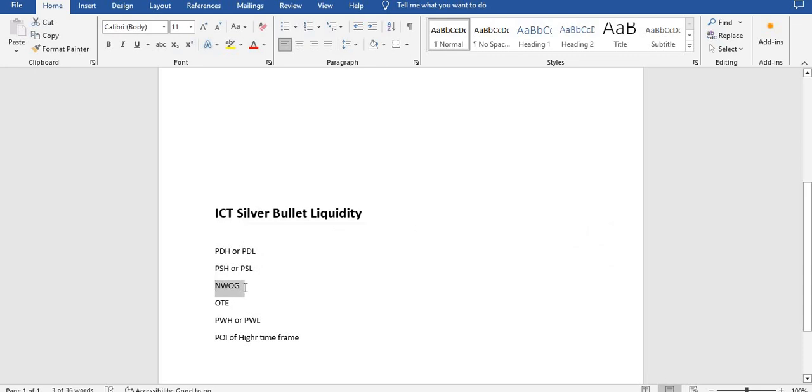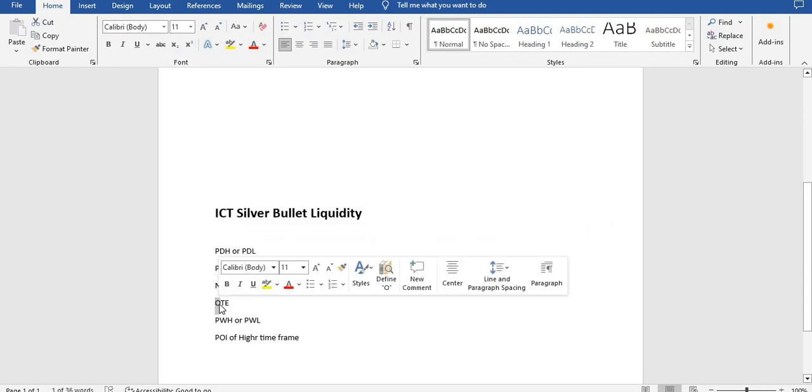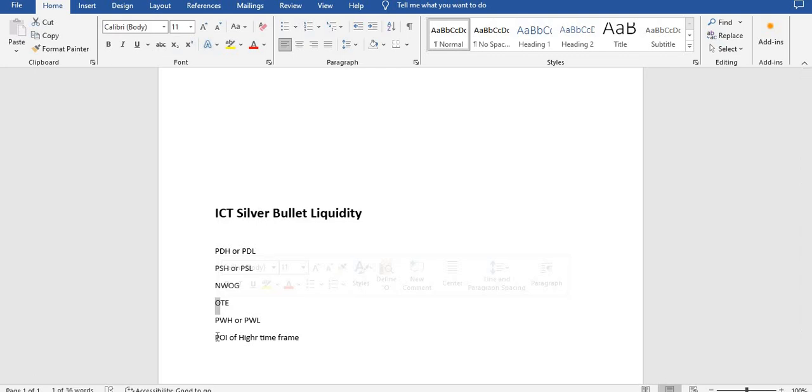It can be the new week opening gap if you are trading futures, optimal trade entry, a previous week high or low sweep, or a PD array of a higher time frame. It can be any PD array: an order block, a mitigation block, a fair value gap, internal liquidity, external liquidity, all the criteria that I teach you in this ICT beginner series.